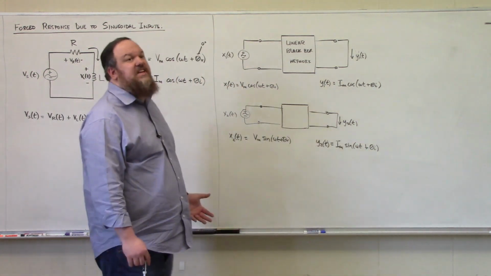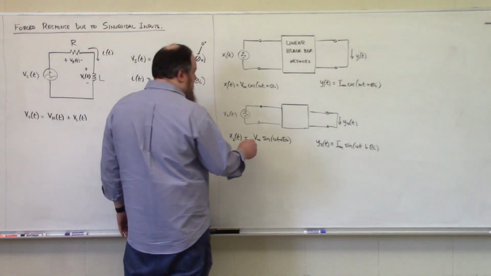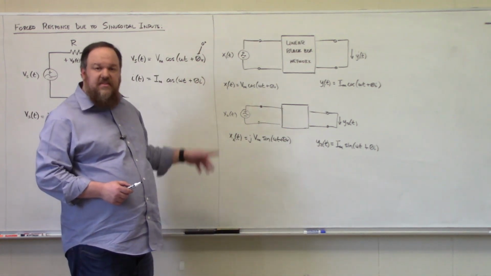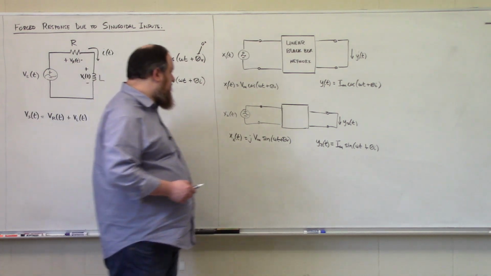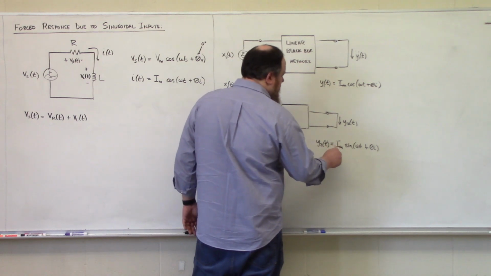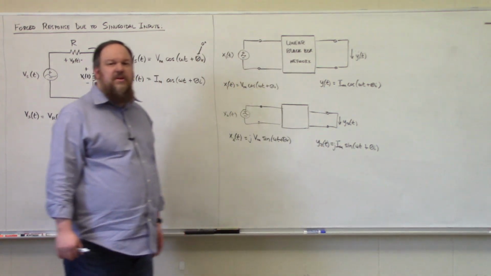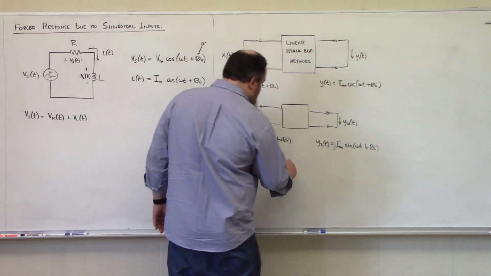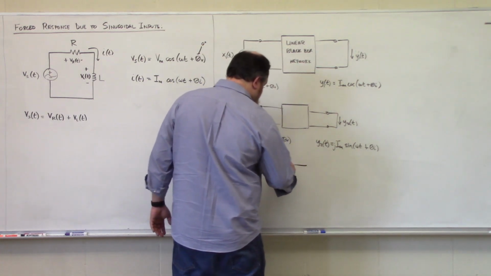Well, what I'm going to scale it with is the imaginary operator j. This does not vary with time, so this is actually a perfectly legal move. So if I scale my input by a factor of j, I'll scale my output by that same factor of j. Now, why this is important is our third case.